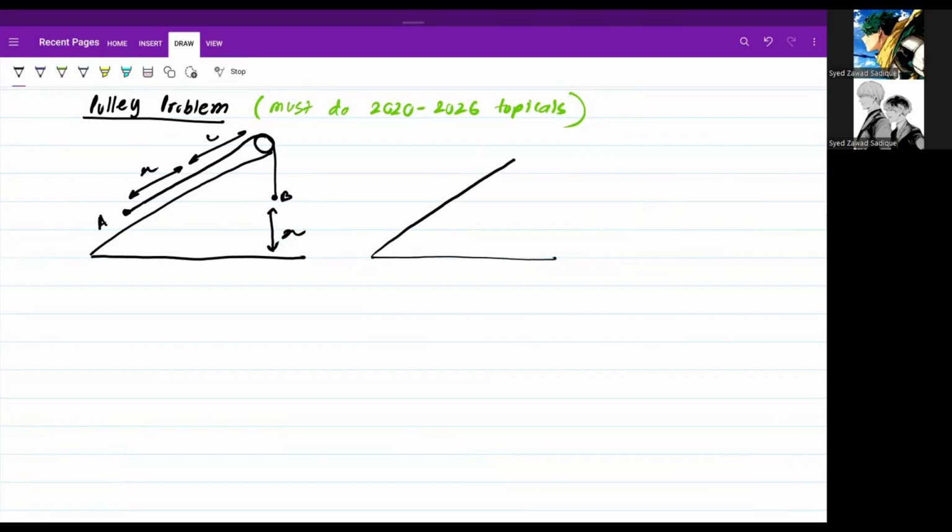Right. Here we have particle B, and here we have particle A. Let's say M1, M2, and we're assuming M1 is greater than M2. Usually M1 is always greater than M2. When B is released from rest, usually both particles at first are at rest.